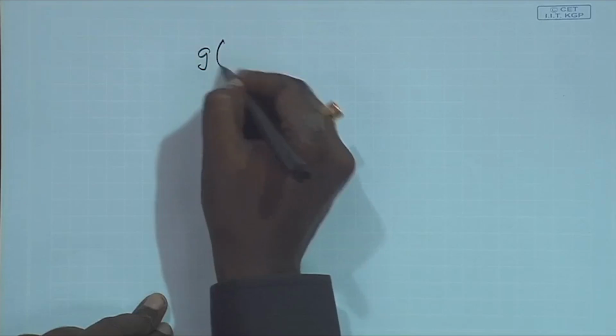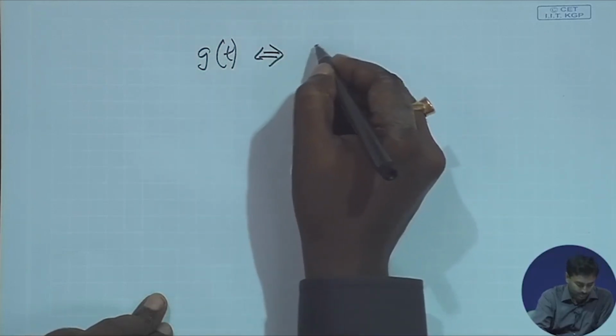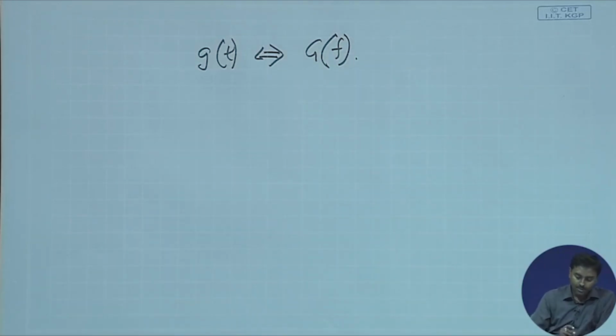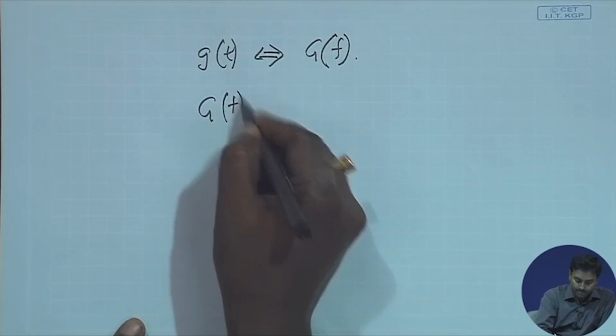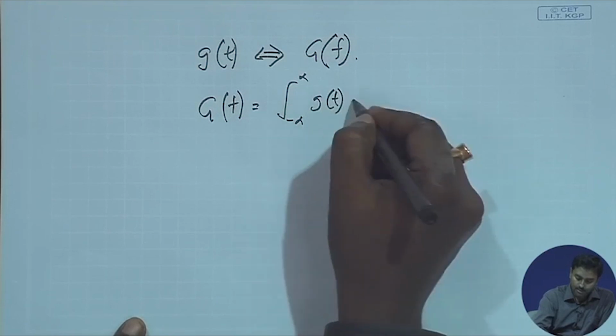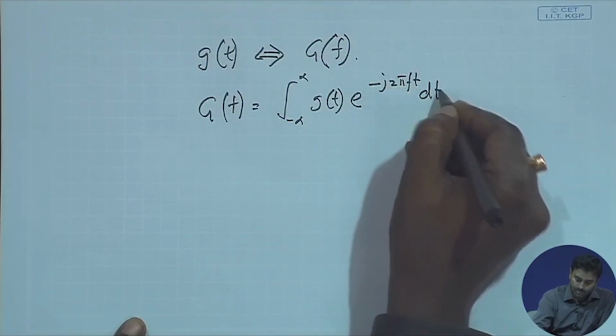The duality property, if you wish to know, is also very simple, and we can very quickly give that. So, we know that g(t) has a Fourier transform which is called G(f). In that case, what we can write is G(f) is nothing but the integral from minus infinity to plus infinity of g(t) e to the power minus j 2 pi f t dt, right.